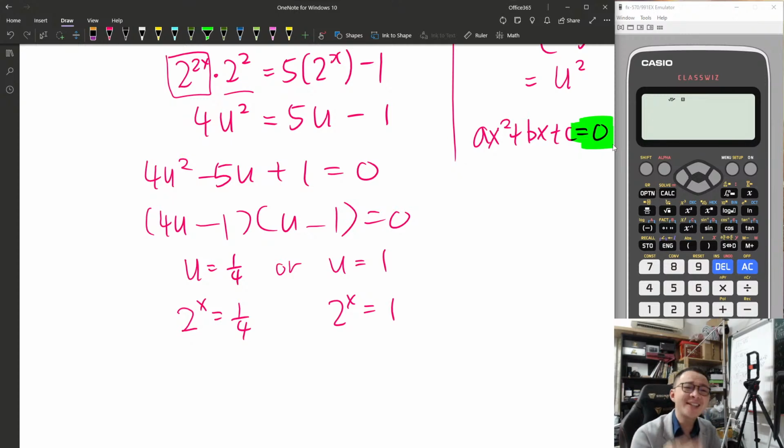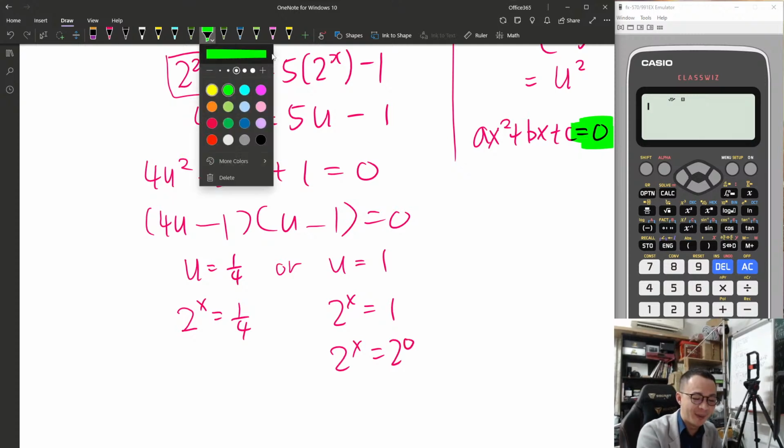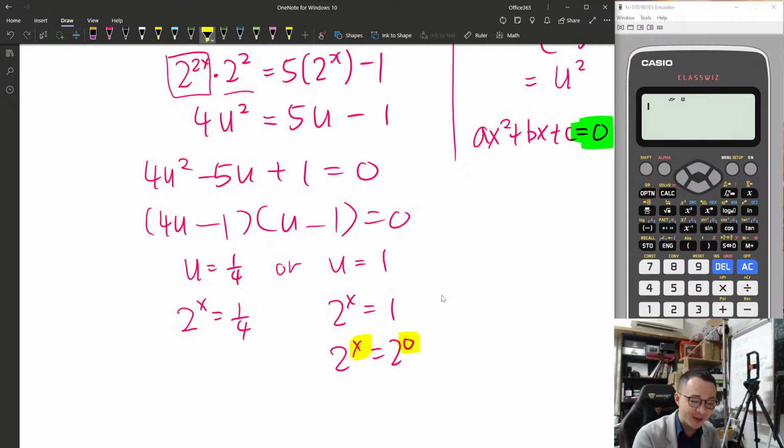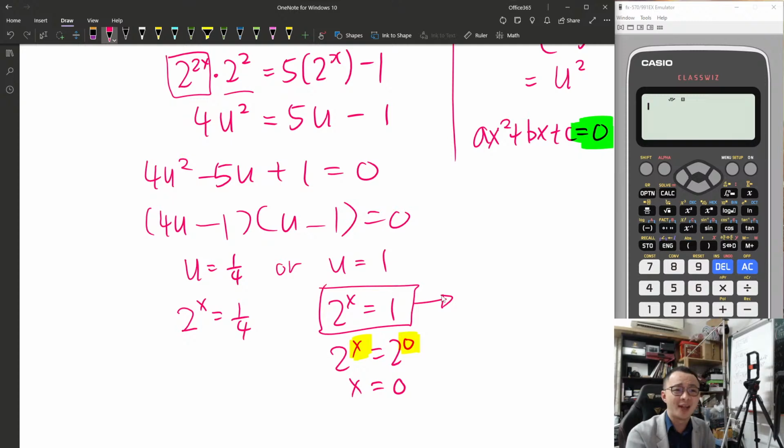Any number power of 0 gives 1. So I can say 1 is actually 2 power of 0. Then by comparing the powers, we can easily say x is equal to 0. Some students might think, sir, what if I use the log in this step? Can we do that? Yes, you can do that also.